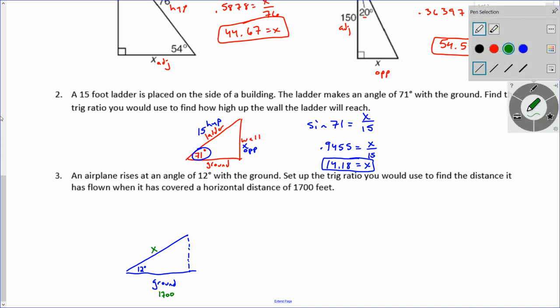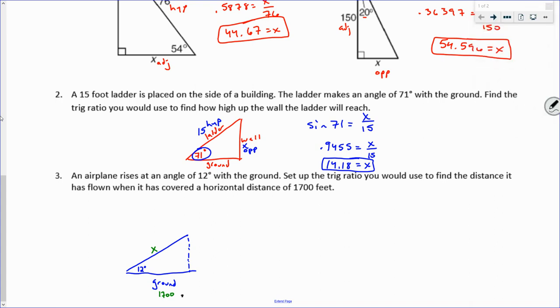Once I got that set up, this is the adjacent side and this is the hypotenuse. So we're going cosine of 12 is adjacent over hypotenuse. Multiply both sides by x.